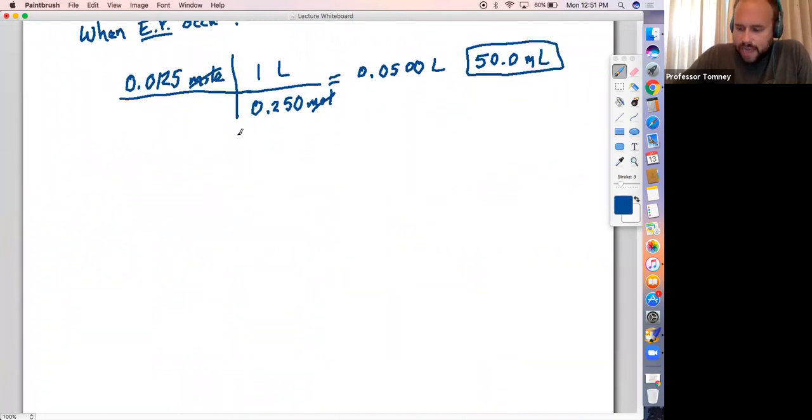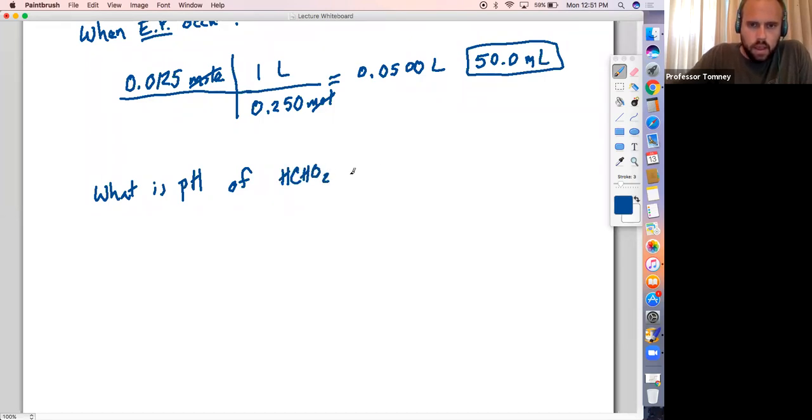All right, so let's ask an actual question outside of some of this hypothesizing. Let's say we want to know what is the pH of the formic acid before titration.